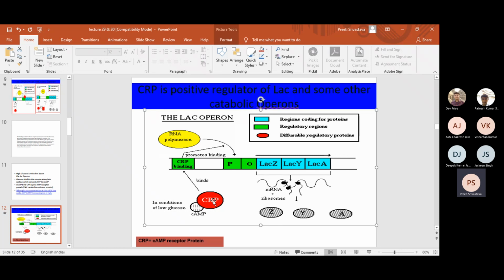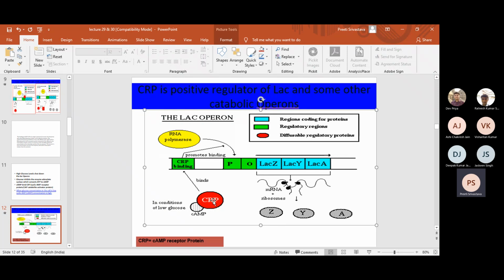So you have high cyclic AMP which can bind to CRP, and which can then bind to the CRP binding site present upstream of the promoter. And the way CRP binding helps in increasing the number of transcripts is that it helps in the proper binding of the RNA polymerase.